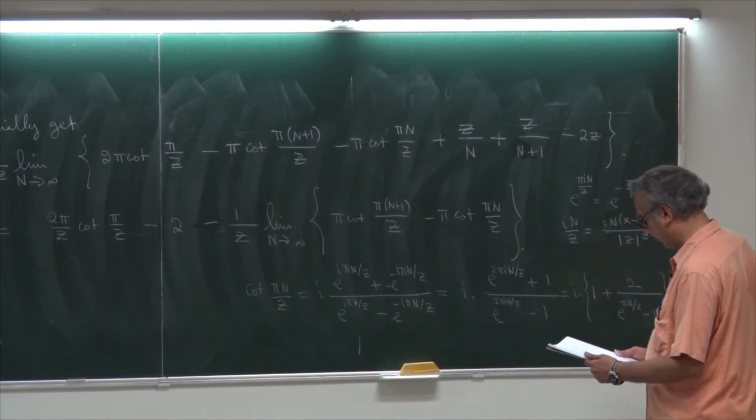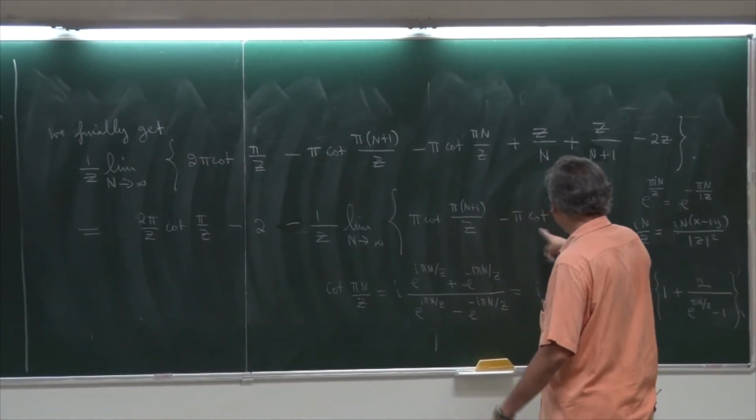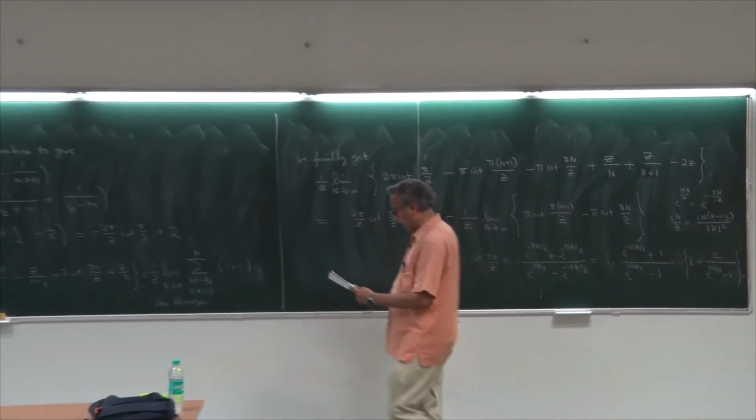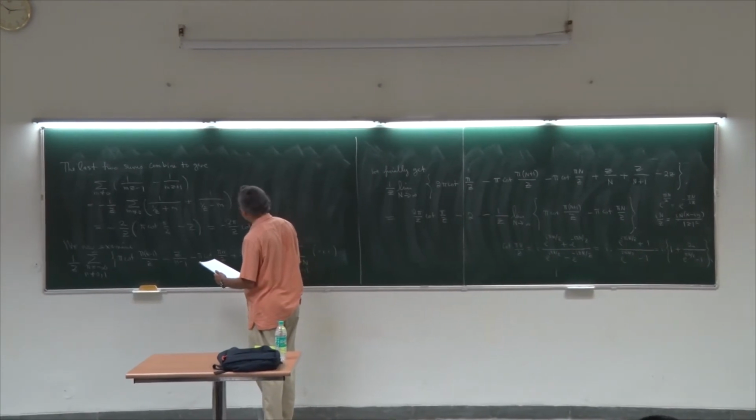All right. And when you pick up an i from that calculus, each one contributes an i. So finally, we end up getting 2 pi i over z.